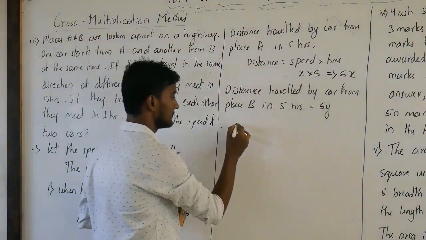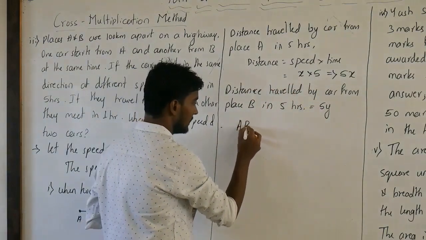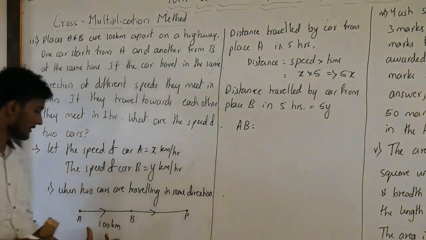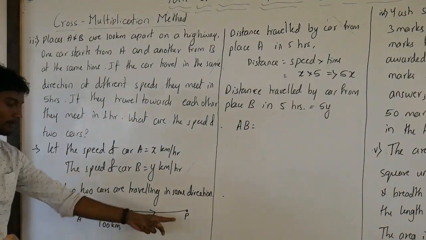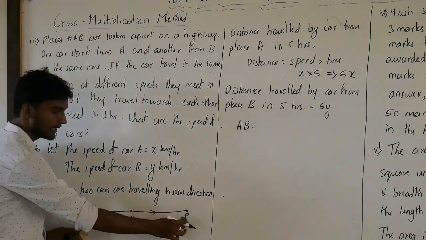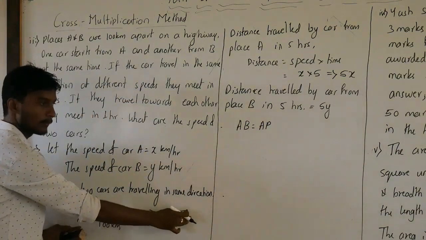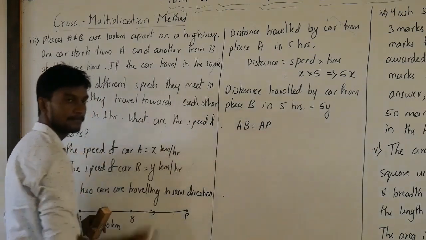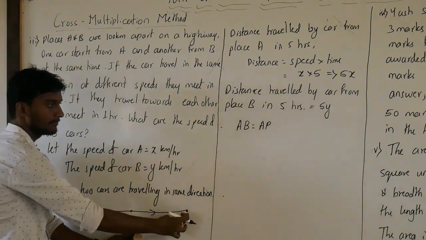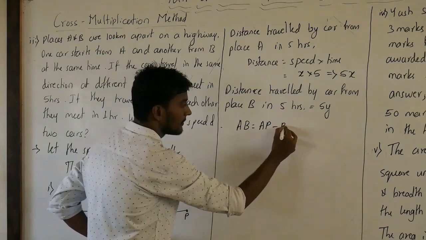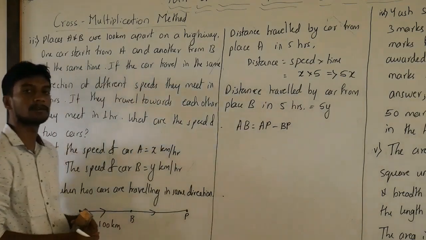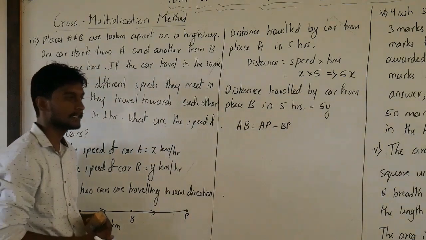So we know that AB is equal to 100, as given. How do we write AB from the figure? We get AP, and in AP you have to subtract BP. So AB is equal to AP minus BP.